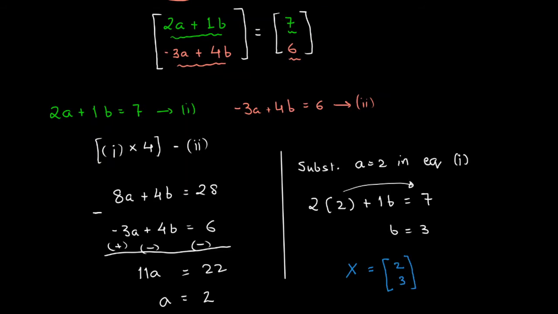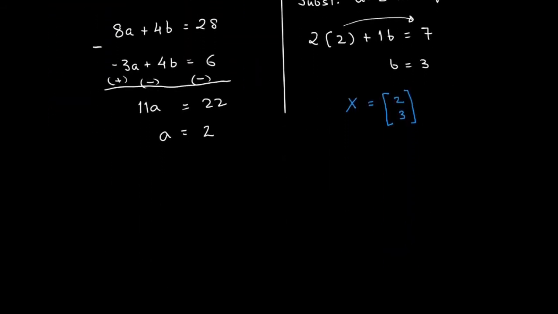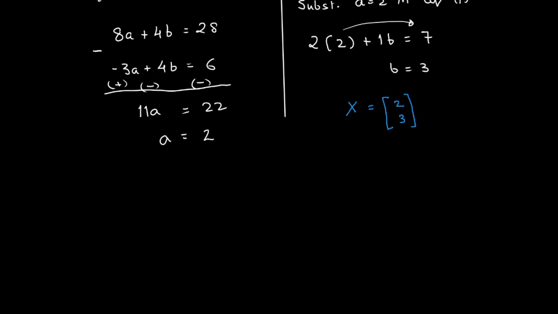Now let's just write our final answer once again. We've got two things here we need to write. First answer that we need to write was the order of matrix X. So the order of matrix X is equal to 2 by 1. It's a 2 by 1 matrix.